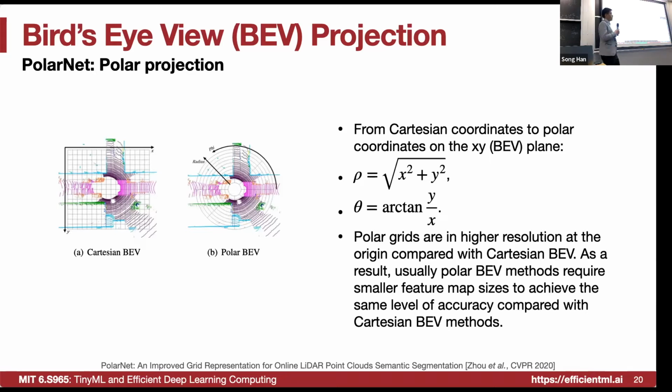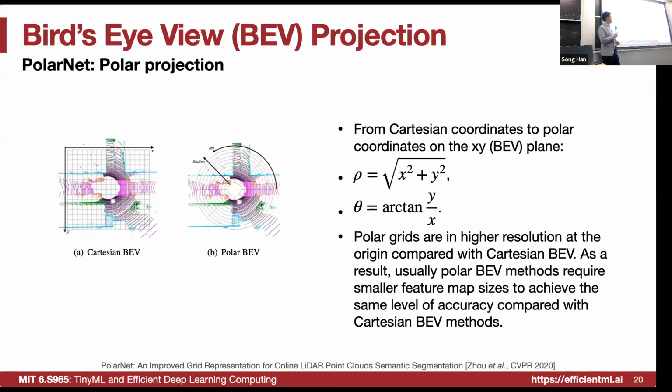One problem that might arise from this bird eye view projection is that the density of the point cloud is denser in the nearby region, but very sparse in the far away region. If you're just using the Cartesian bird eye view, the places very close to the LiDAR have denser points, but the places very far away from the vehicle are going to be very sparse. So people invented another representation called polar BEV.